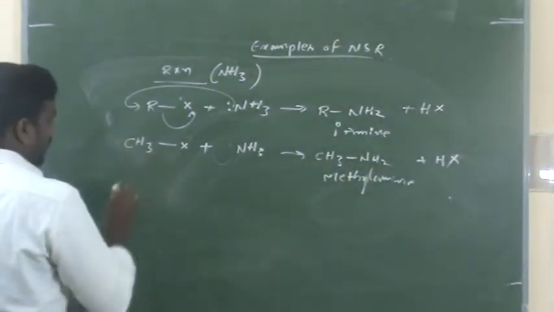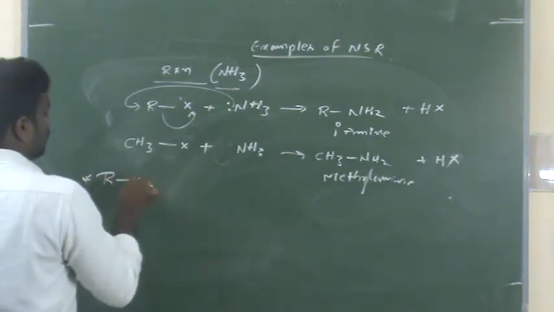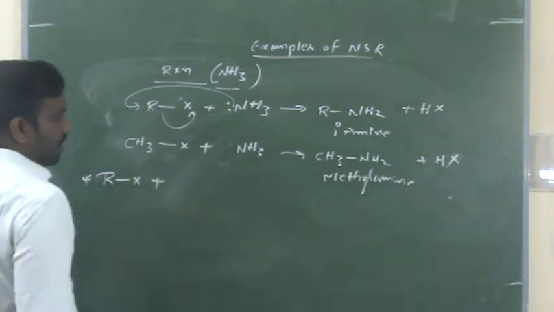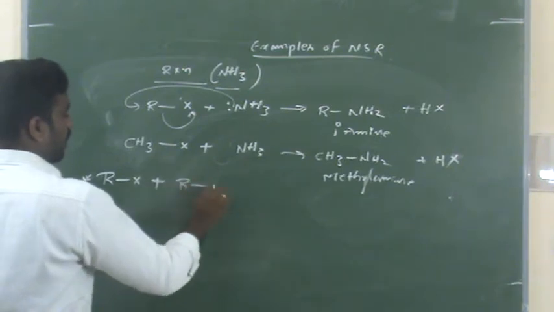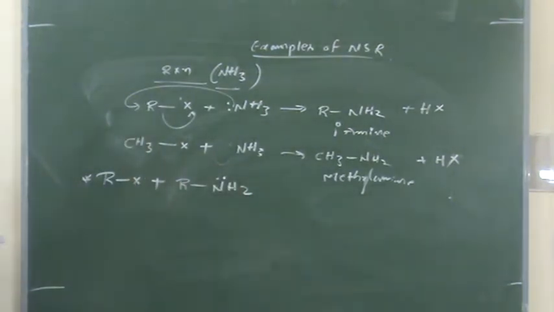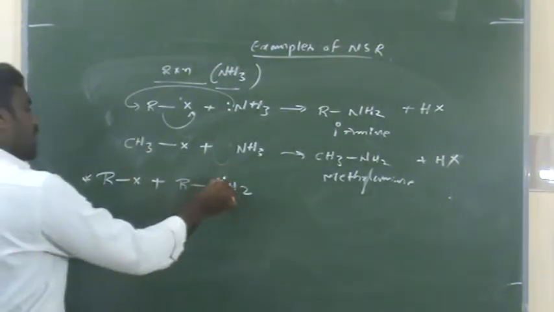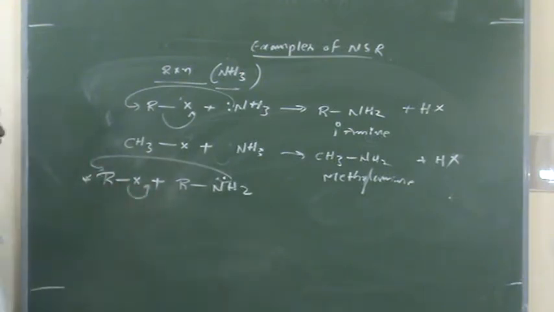Suppose instead of ammonia, I take RX and the primary amine, RNH2. Again on nitrogen there is a lone pair of electrons. That lone pair gives electrons to this R, and this X is removed.